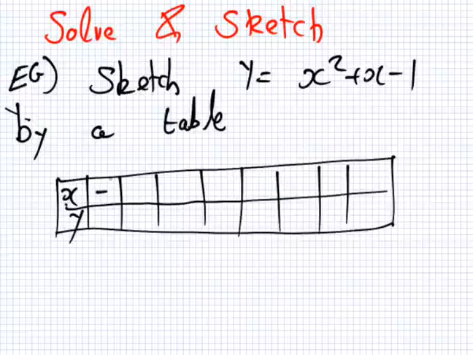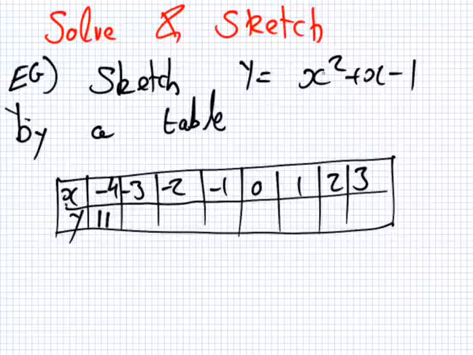You can use a table to sketch it. You take some values for x and some values for y. So you could go, minus 4, minus 3, minus 2, minus 1, 0, 1, 2, 3. This is not the best way to do it, but it will work.